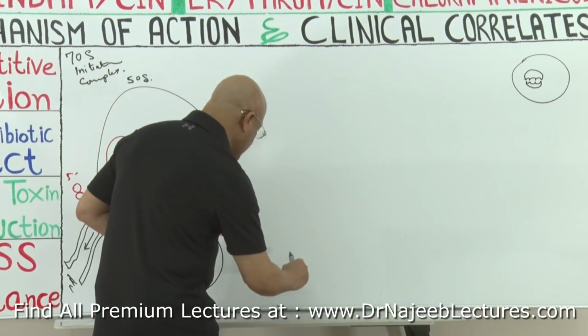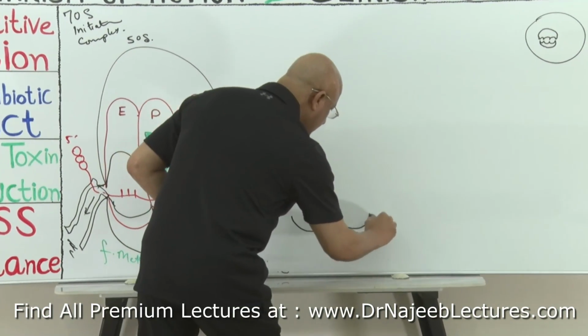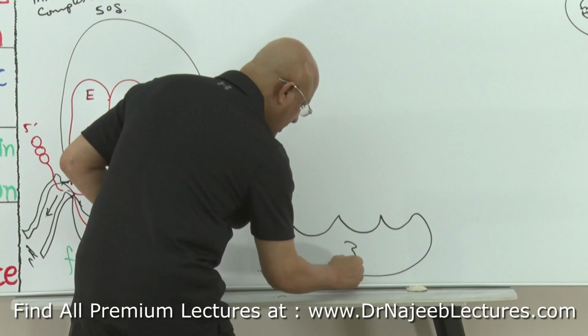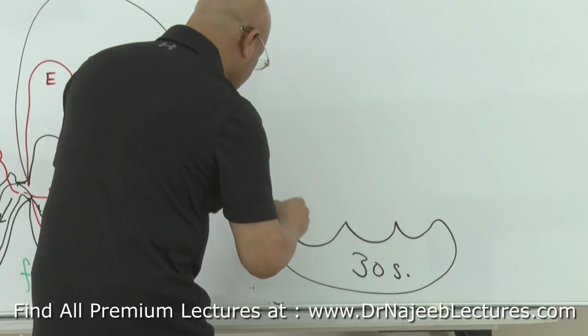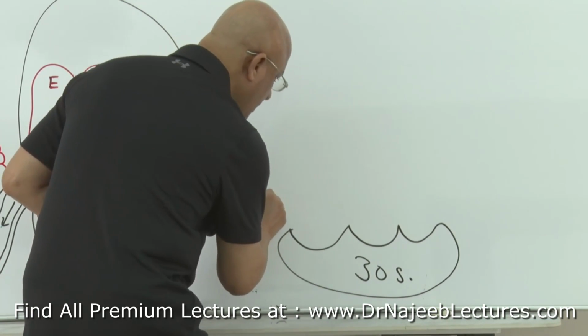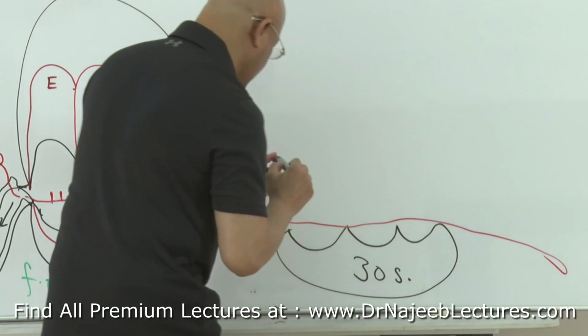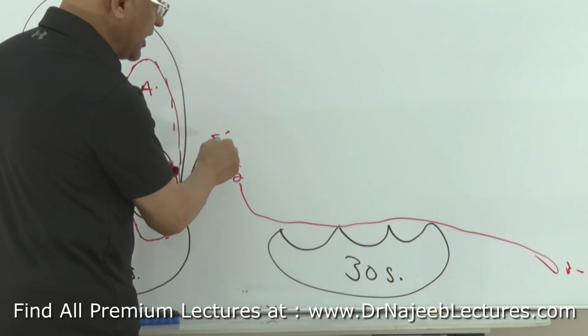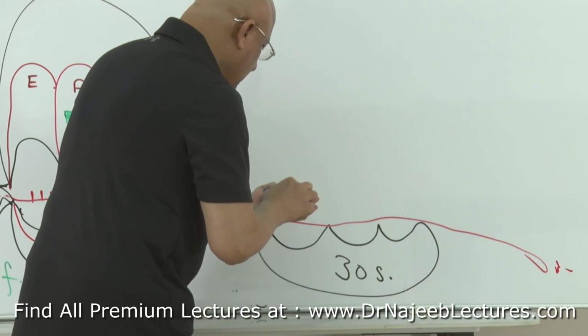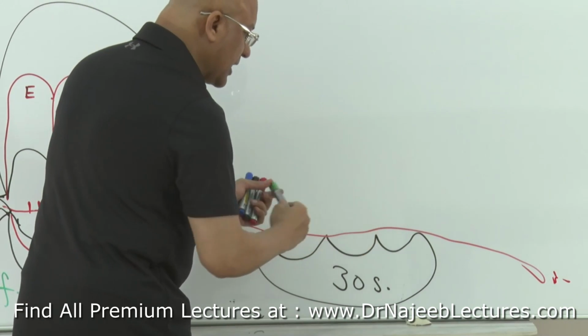Now you will tell me as I am drawing the diagram, what is this? 30S, very good. And very rapidly, what was this? Yes, messenger RNA. Which end is here? 5 prime, 3 prime. Let's suppose it has been working for a while.